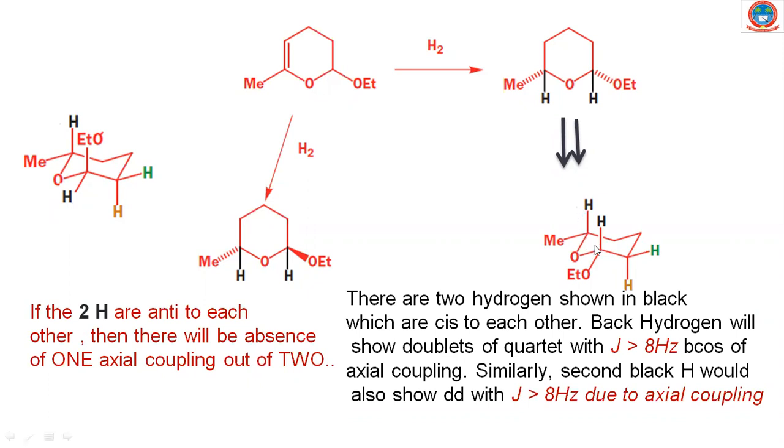Because here there was a 180 degree dihedral angle between this proton and this proton, and here this proton, which is now coming down, does not have any angle of 180. In this way, just by observing the coupling constant in the NMR spectrum or given data, you can tick out the correct answer.